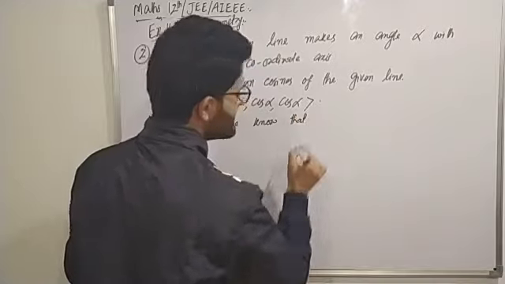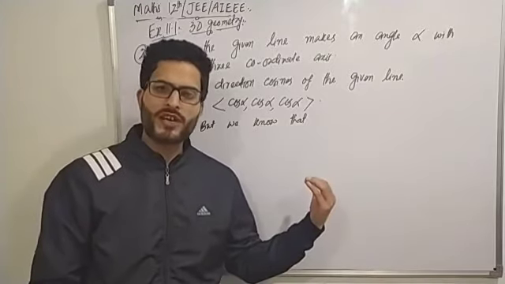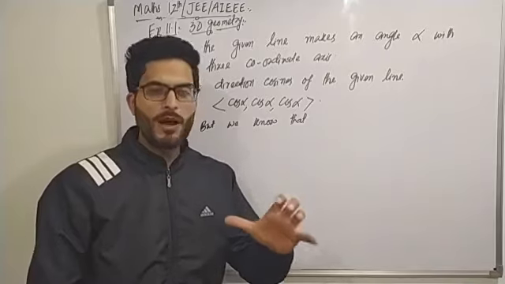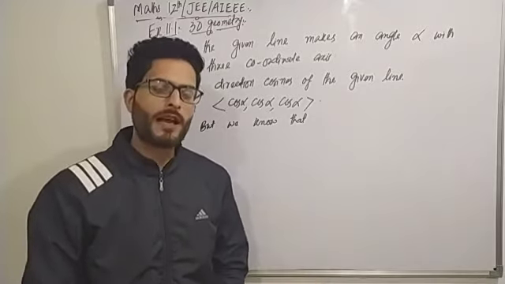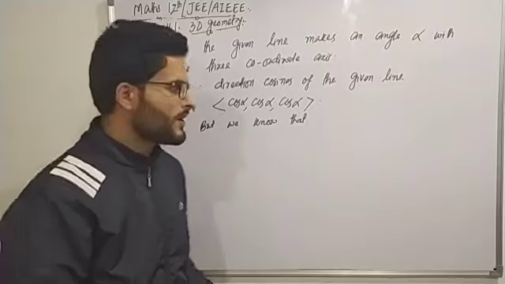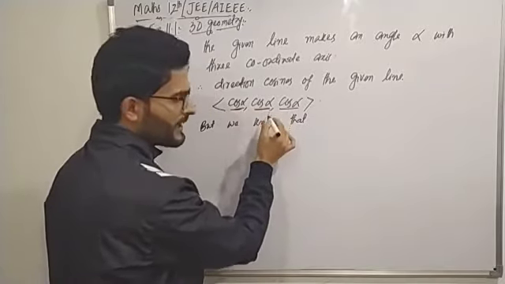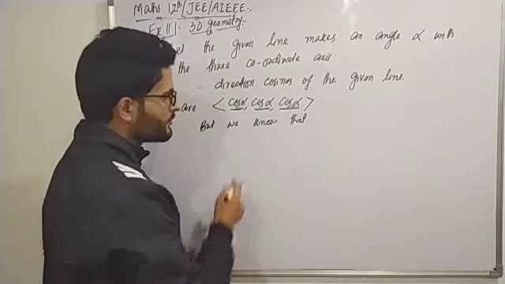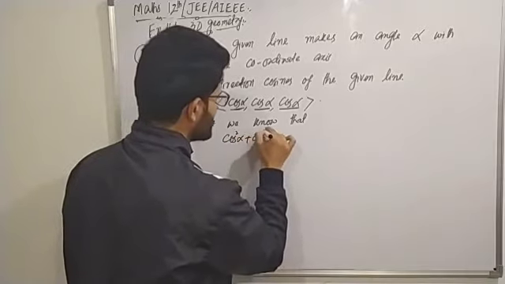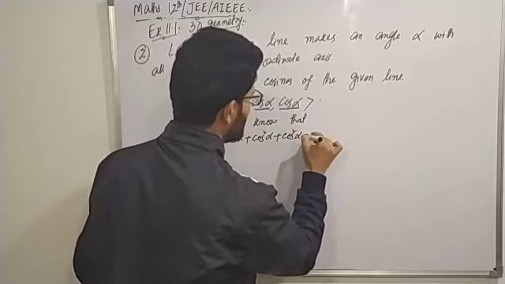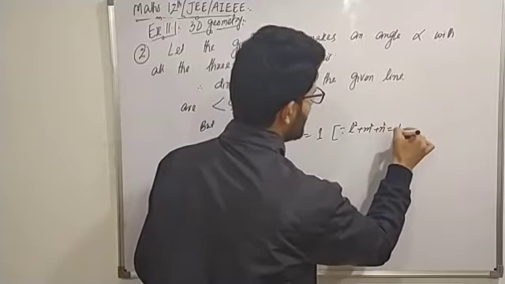पढ़ा है हमने, हम डायरेक्शन कोसाइनस को एल, एम और एन से भी डिनोट करते हैं. सो एल स्क्वायर प्लस एम स्क्वायर प्लस एन स्क्वायर. जब हमने डायरेक्शन रेशियोज और डायरेक्शन कोसाइनस पढ़े थे वहां हमने डिस्कस किया था कि द सम ऑफ स्क्वायर्स ऑफ डायरेक्शन कोसाइनस, अगर तीनों डायरेक्शन कोसाइनस के स्क्वायर किए जाएं फिर उनको ऐड किया जाए तो रिजल्ट जो मिलता है दैट्स इक्वल टू 1. सो दैट इज यहां पे cos अल्फा और cos अल्फा. सो cos अल्फा, लेकिन cos बीटा के बदले भी cos अल्फा है और cos गामा के बदले भी cos अल्फा है. तो स्क्वायरिंग कर दो, ऐड कर दो, दैट इज cos स्क्वायर अल्फा. बट वी नो दैट cos स्क्वायर अल्फा प्लस cos स्क्वायर अल्फा प्लस cos स्क्वायर अल्फा मस्ट बी इक्वल टू 1. व्हाई? बिकॉज l स्क्वायर प्लस m स्क्वायर प्लस n स्क्वायर इज ऑलवेज इक्वल टू 1.